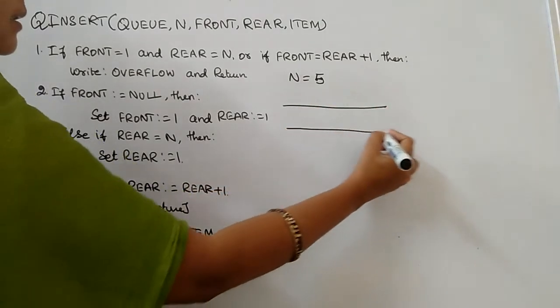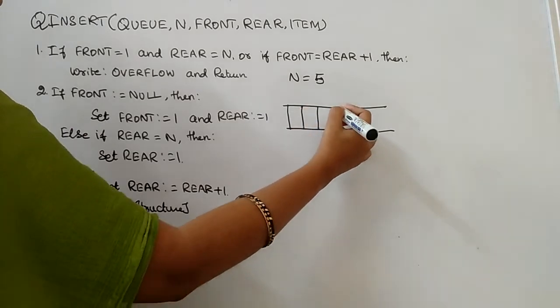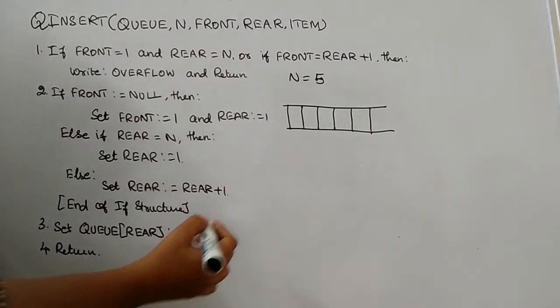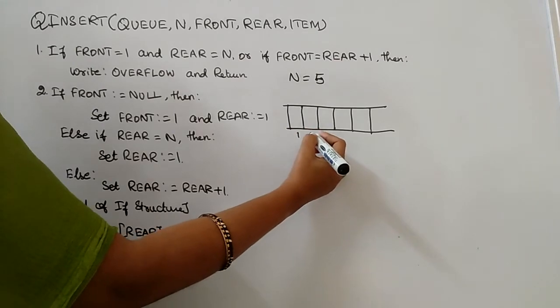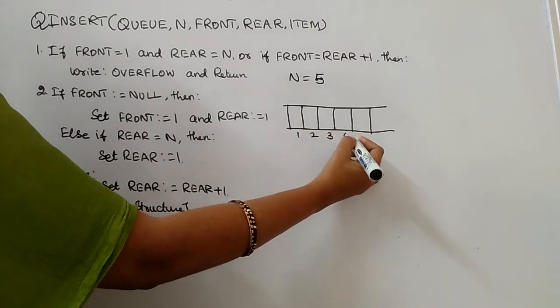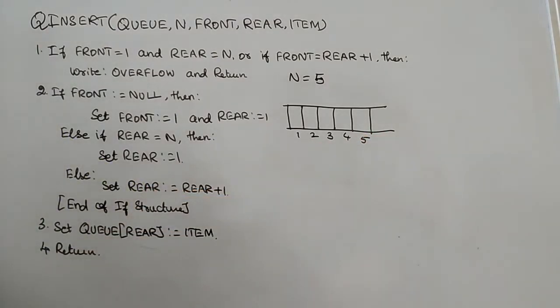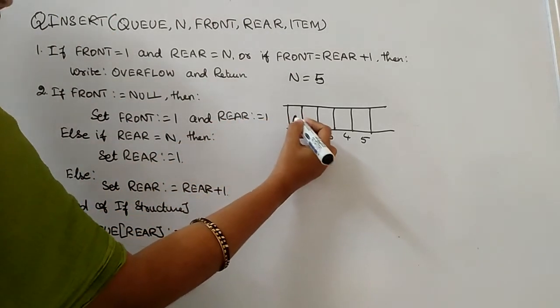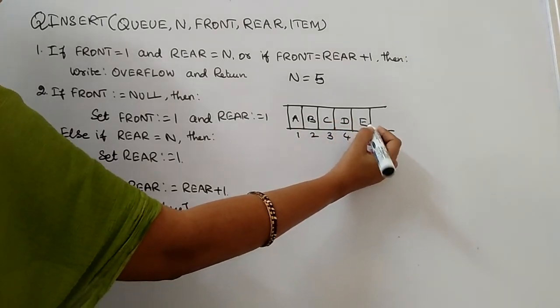So I am drawing the queue structure here, 1, 2, 3, 4 and 5. The indices are 1, 2, 3, 4, 5. So the maximum size of my queue is 5. Just assume all these spaces are filled with data.